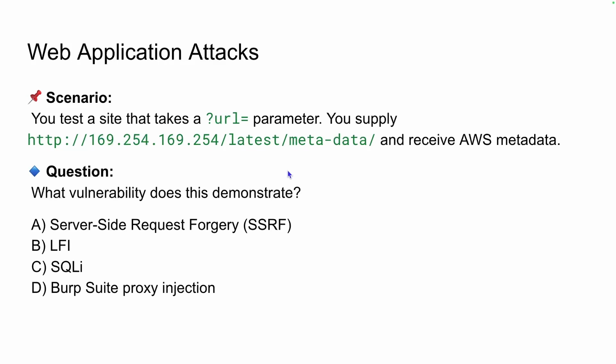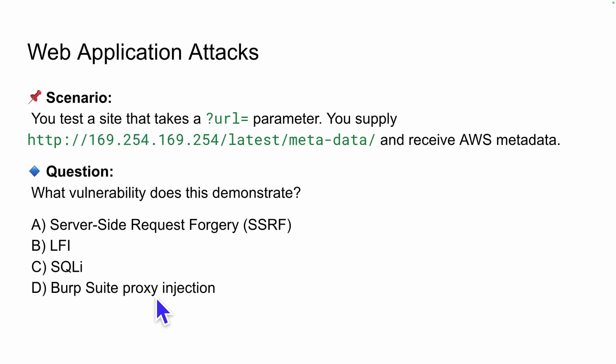Okay, great. You test a site that takes a URL parameter and you supply this, 169.254.169.254/latest/meta-data, and you receive AWS metadata. So what are we trying to do in this case? Is it a server-side request forgery, local file inclusion, SQLi, or Burp Suite proxy injection? Burp Suite proxy injection makes no sense, because Burp Suite proxy allows you to intercept things, and once you've intercepted them, you can inject something or manipulate the request.